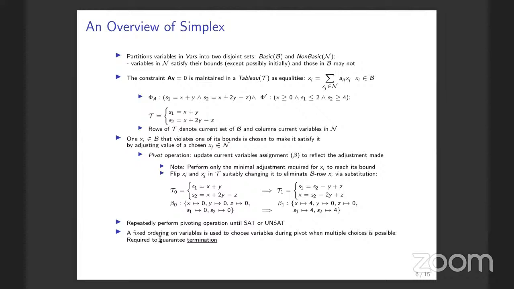They reduce the problem of showing correctness to one of showing termination, and that itself depends on doing the pivot operation as per an ordering on the variables. So I'll show two or three examples and describe the algorithm in detail. Okay, any questions?